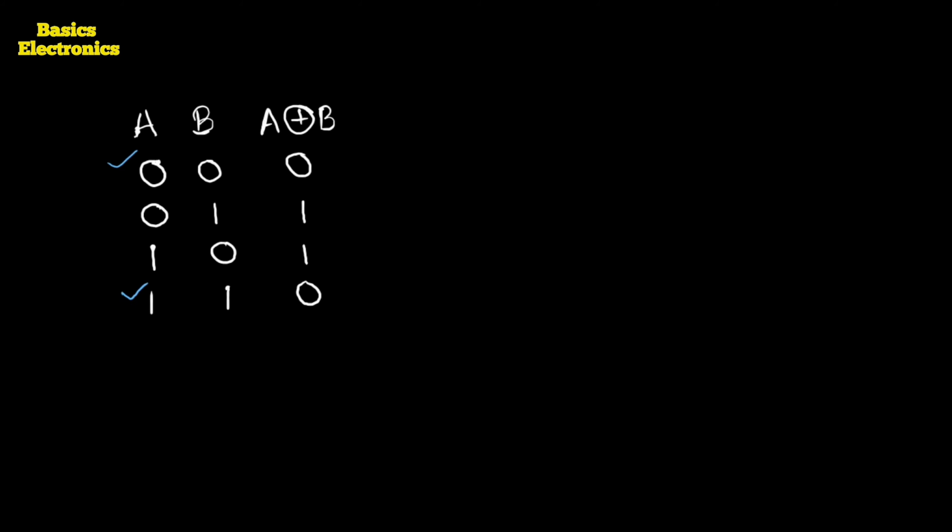The XOR gate produces logically high output when different inputs are applied, the second condition and the third condition. Here we can read it as A XOR B. 0 XOR 0 equals 0. 1 XOR 1 equals 0. 0 XOR 1 equals 1 and 1 XOR 0 equals 1.